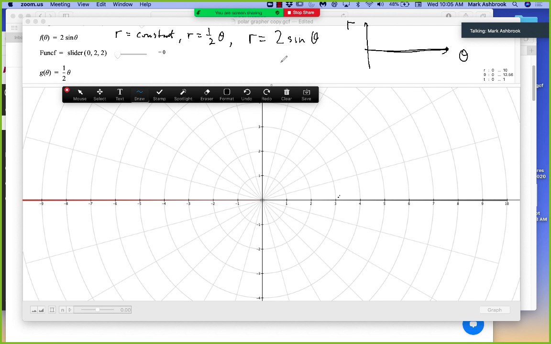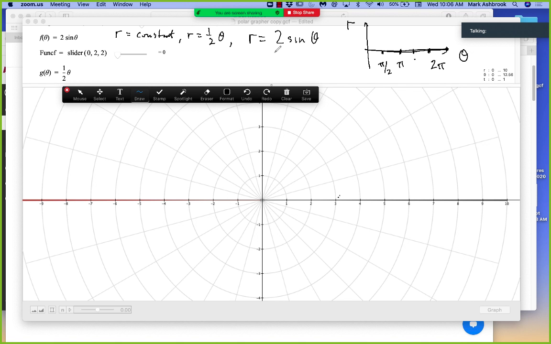Okay, so what does R equals 2 sine theta look like? We know 2 sine theta has a period of 2 pi. So we know that cycles of cosine and sine are broken up into fourths, right?